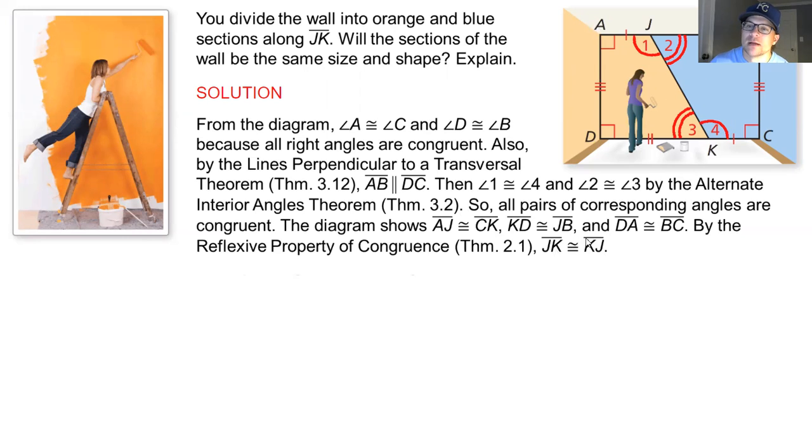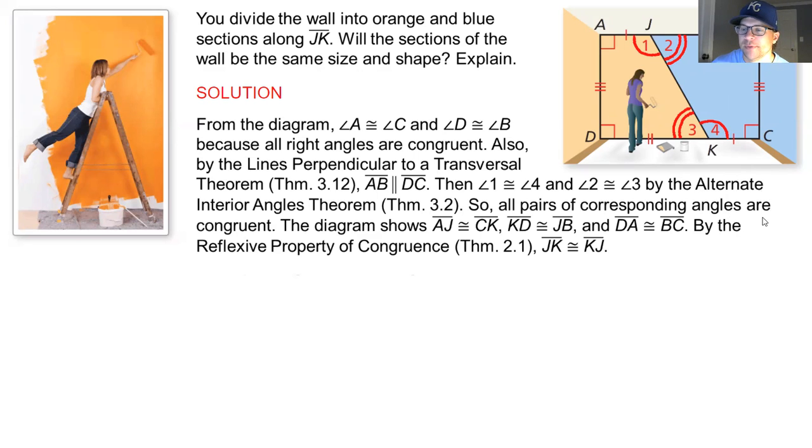And then based on the reflexive property of congruence, this line JK is congruent to this line JK. It's congruent to itself. It just depends on the perspective of whether you're looking at the JK in order for the orange, or then back up in the reverse KJ for the order of the blue.